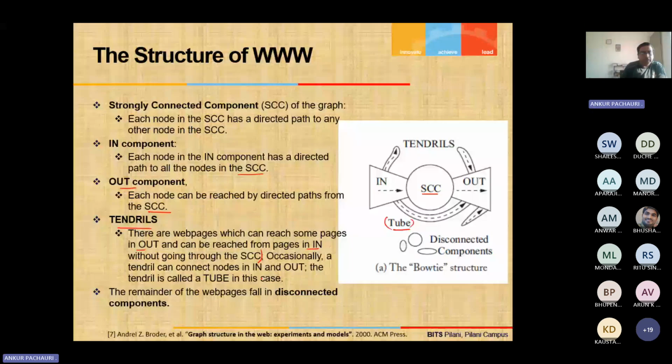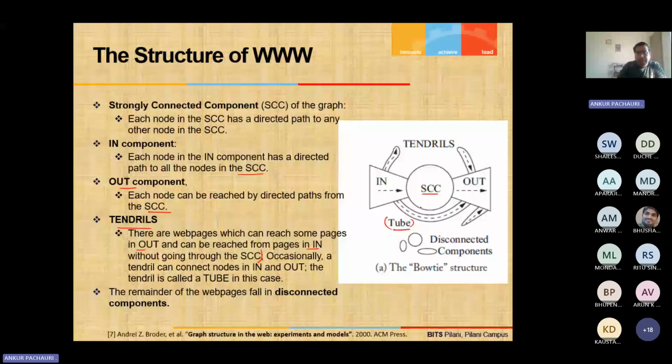And then the remainder of those web pages fall into the disconnected components. These are all those web pages which are neither pointing to the SCC, nor pointed to by the in component, nor pointing to the out component. They are not part of it, but somehow they are connected together. For example, the search engine of China. Whatever the search engine of China is, all the other web pages are not accessible, nor are they connected to the rest of the internet.